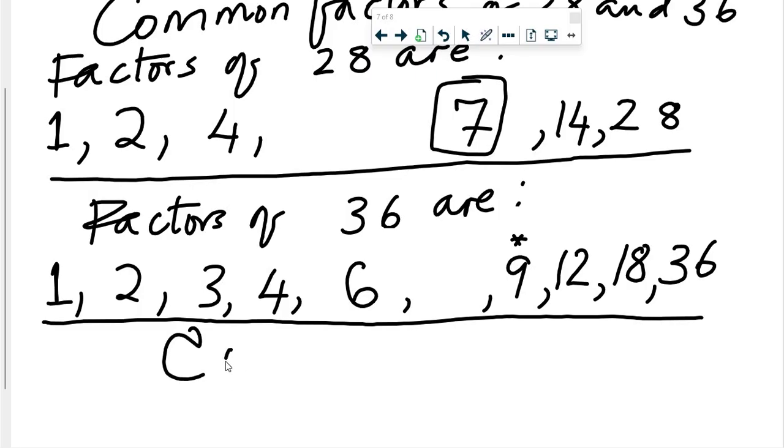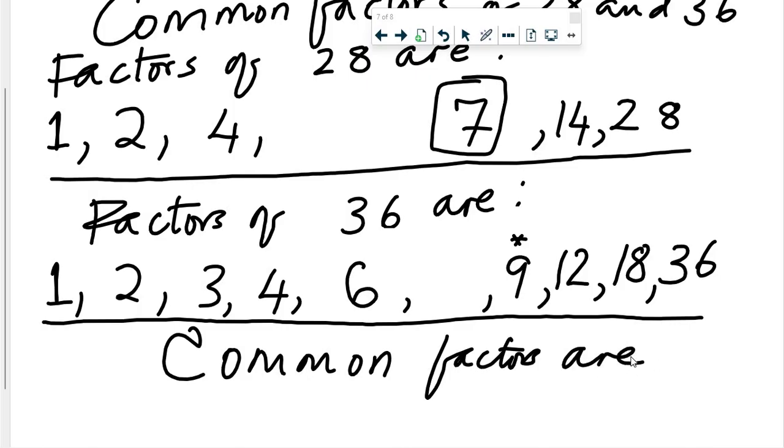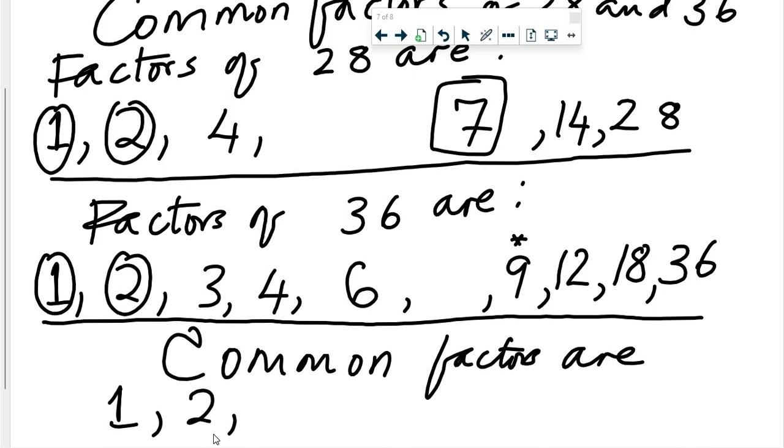Now, which ones are common? Common factors. Which factors are available here and here? That is 1. That is 2. That is 4. What else?